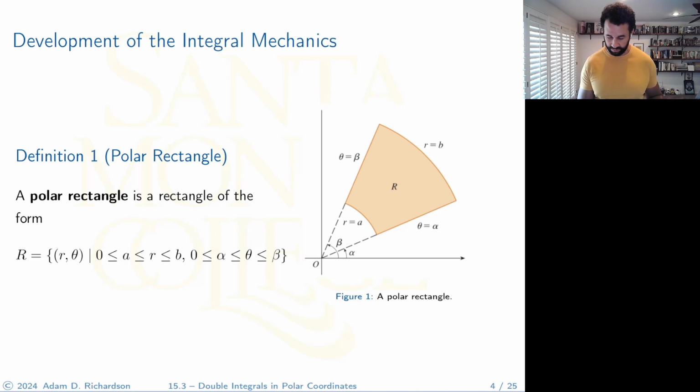A polar rectangle looks like this, and it's a rectangle of the form given here, where you are talking about a region that is between two rays, and also between two corresponding radii. So these are the two rays. You integrate between those two angles, but then we're also going to integrate from this radius to this radius. This is what we call a polar rectangle, all right?